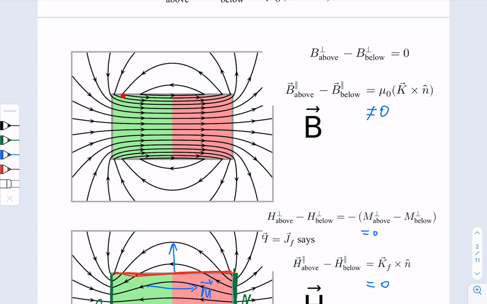And if you project the field line over here to the perpendicular direction, it's also pointing downwards. So this perpendicular direction is the same, but you can see that in the parallel direction, one is pointing to the left, one is pointing to the right. So the parallel direction is of opposite direction, and that's because it's non-zero.